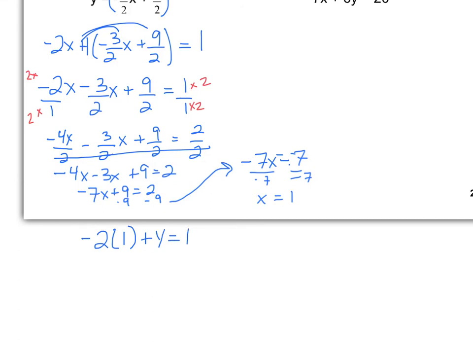So we need to solve for y. Negative 2 times 1 is negative 2 plus y equals 1. I'm going to add 2 to both sides to isolate my y. So I get y equals 3. Now the last step is to write our point. So our point x was 1 and our y is 3.